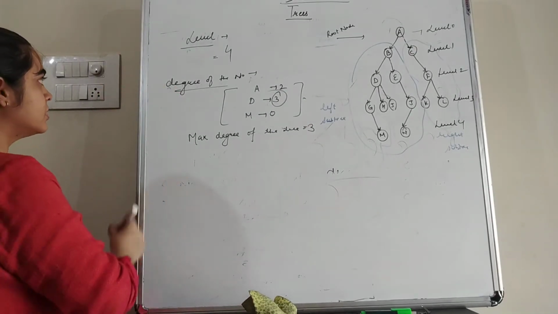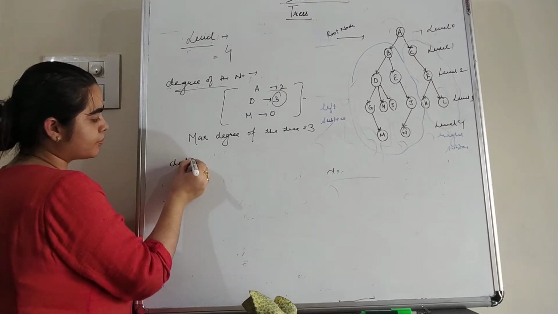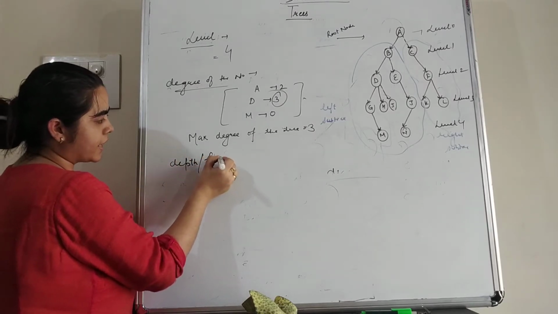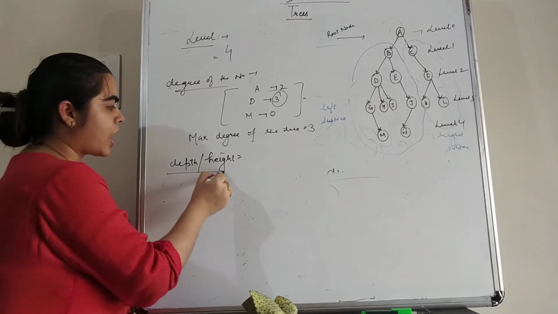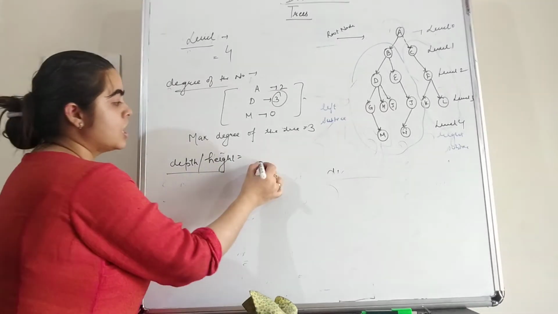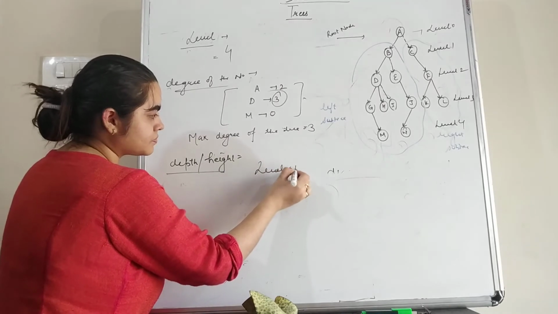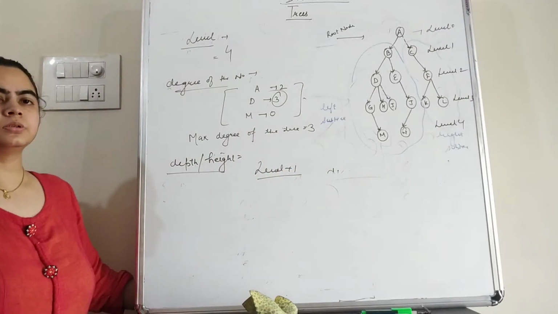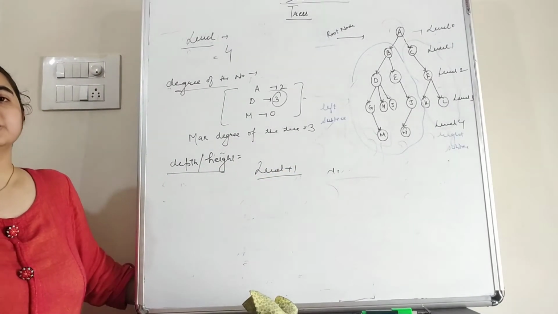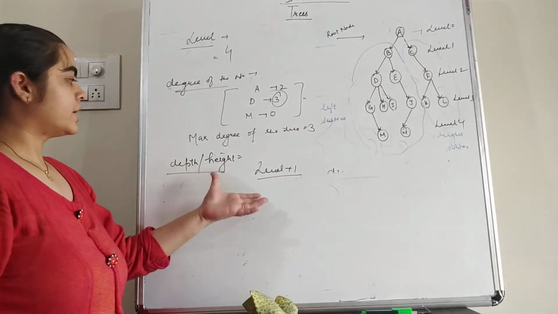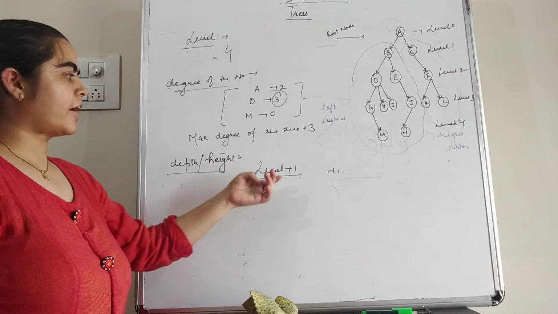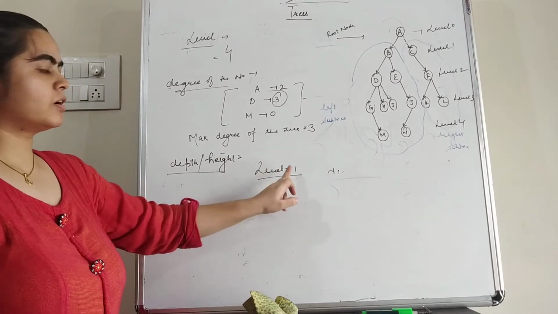Now, after degree, we can see the depth of the tree, or we can say the height of the tree. So, students, depth or height means level plus 1. Depth or height means the maximum level of the tree. We can find it with this formula, level plus 1.